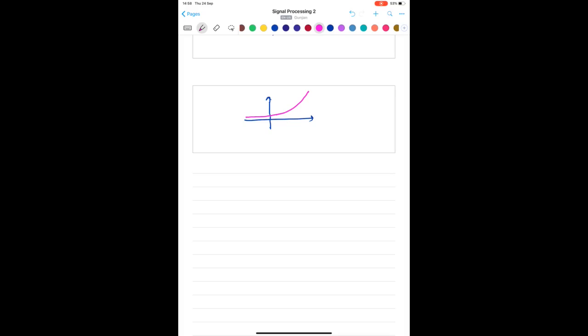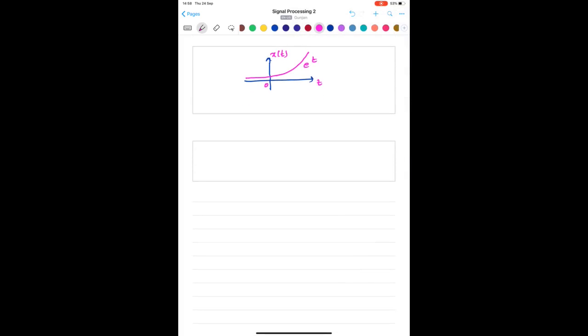Exponentially increasing function. So it will be x of t, it will be this, and this will be 0, and this is e raised to the power t. If we have to say it in terms of values, let's say the first value I put is t equals -2.